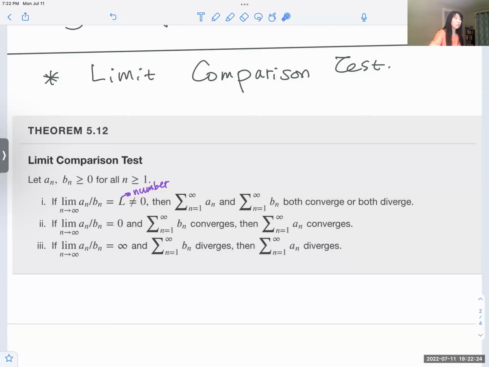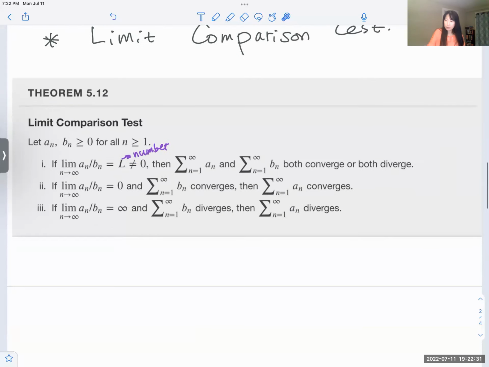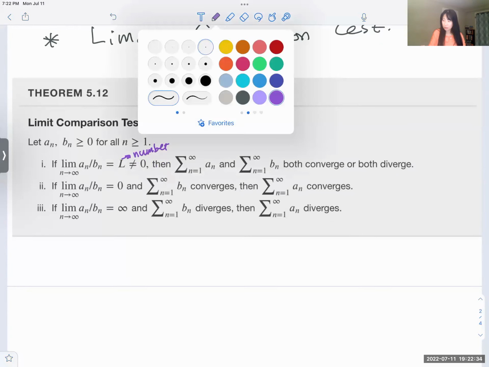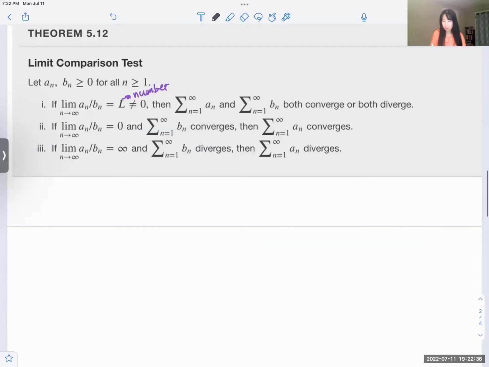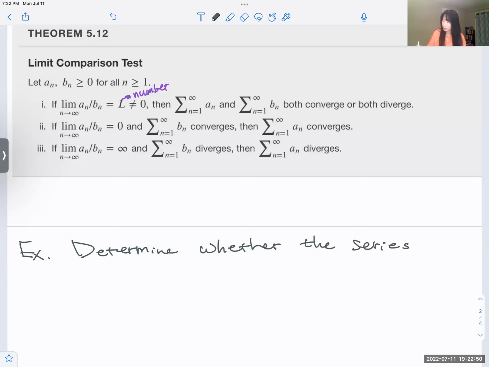Let us do this one. We have: determine whether the series converges or diverges.